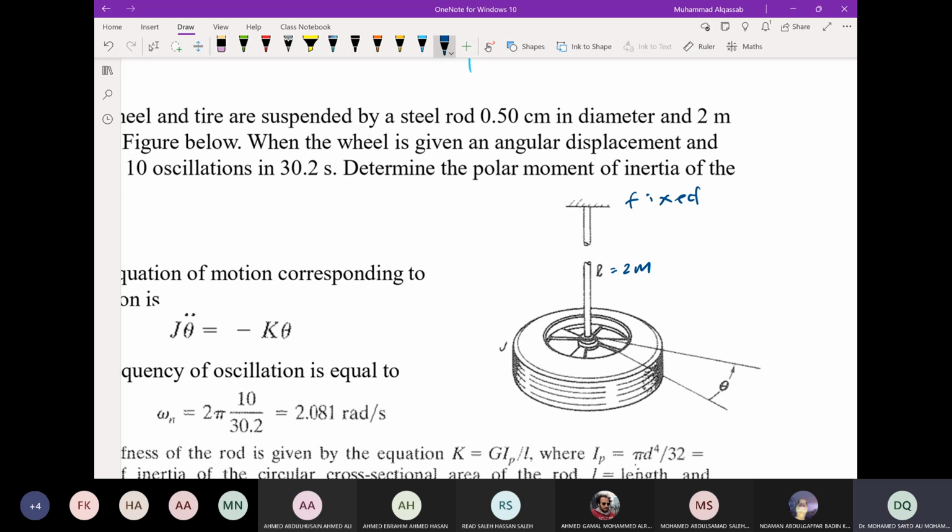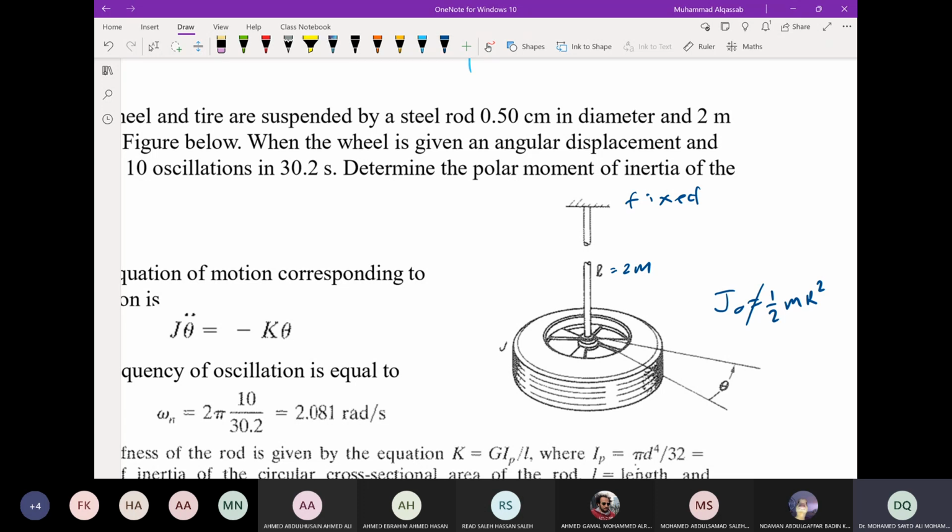But it is not a uniform disk for which we can calculate the moment of inertia Jo equal to half m r squared, so we cannot use half m r squared here.